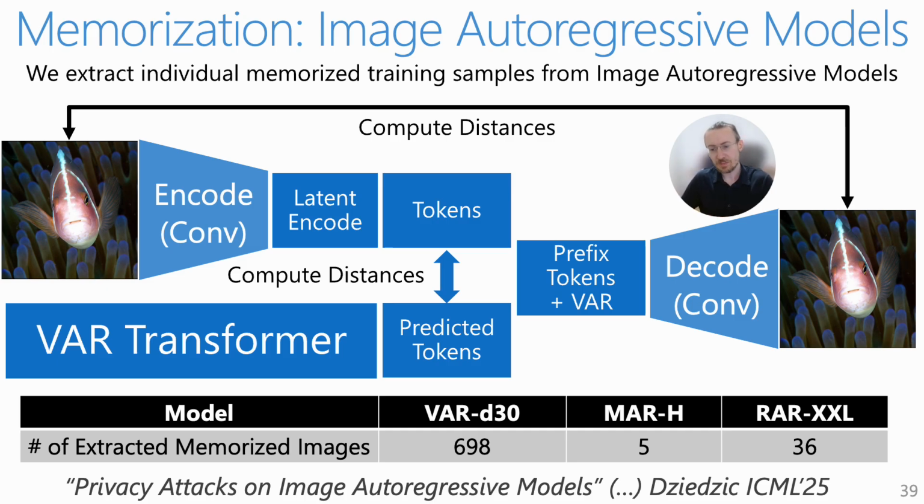We can give to the model a few initial tokens, for example, up to 30 tokens, and the model then generates thousands of the next tokens, and after this generation, we have the generated image, and we see that this image is actually one of the samples from the training set.